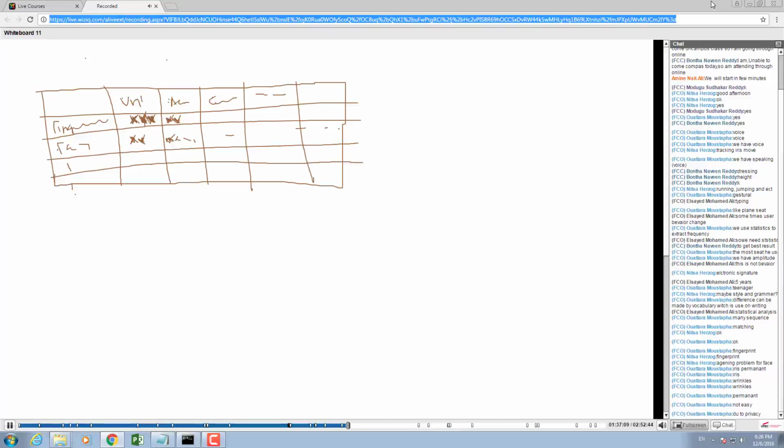Maybe for face you will find 2 stars. Acceptability, maybe you will find 2 stars for fingerprint, and for face, maybe you will find 3 or something like this. Okay? So this table is interesting to help you select one modality among other modalities for a specific application.